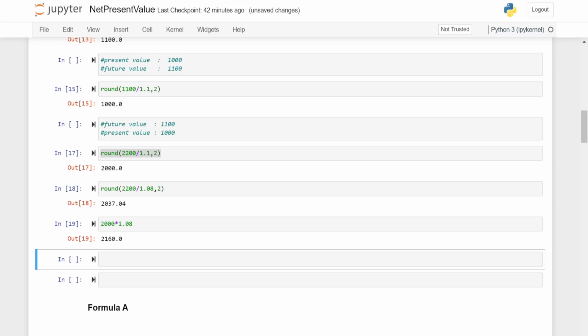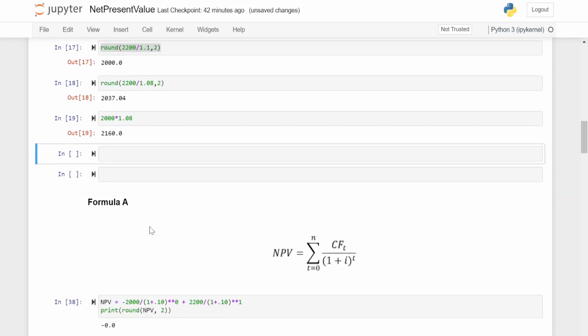Now, we will use this formula. Whatever we have done here, we will do in a formal way. So what is this formula all about? It says that, look, cash flow at T. T denotes the period. And here the period starts from 0. What is period 0?